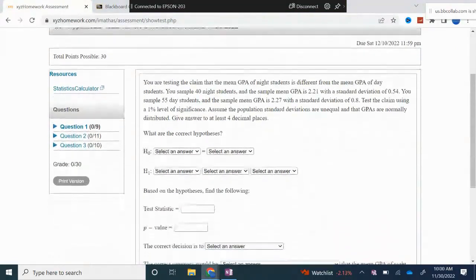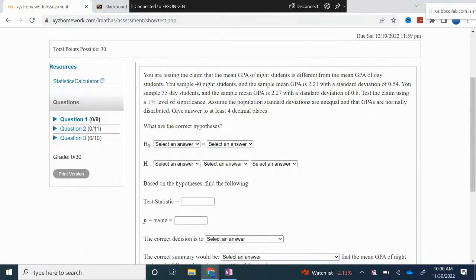All right, so let's look at the first problem. And this is from 4.5, and there's only 3 problems in 4.5. Okay, but the problems in 4.5 are similar to the problems in 4.3 and in 4.4, as far as interpreting the test results. All right, so this says you're testing a claim that the mean GPA of night students is different from the mean GPA of day students.